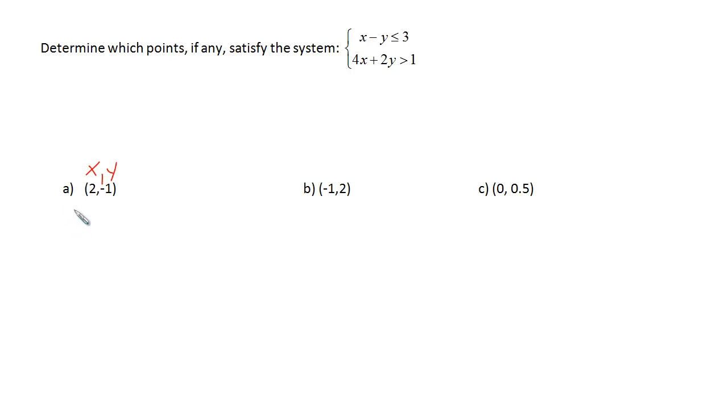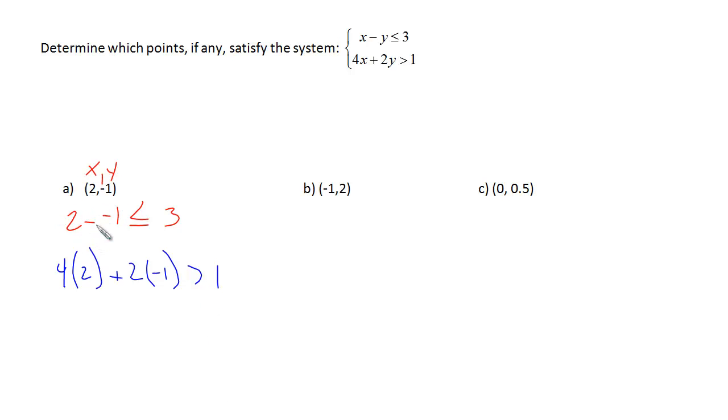So if I take the first one, x minus y, that's going to be 2 minus -1 less than or equal to 3. And then the second one, I'm going to plug in 4 times the x value, 2, plus 2 times the y value, greater than 1. And then I just check them.